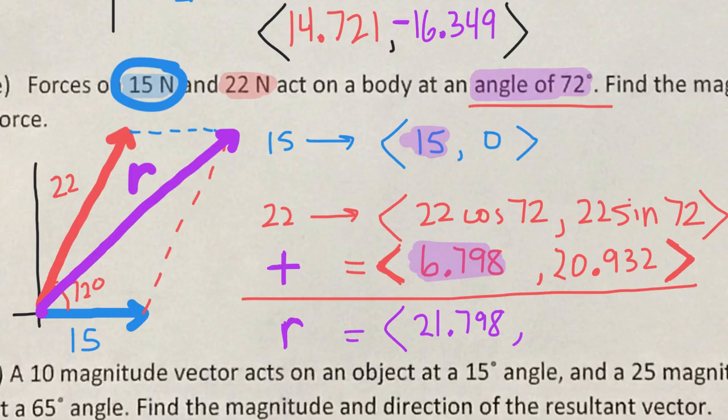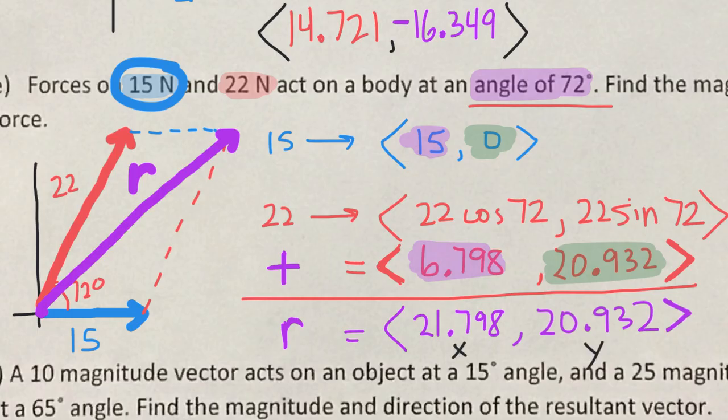And I do the same thing for my y stuff. So here I have a y of 0 plus 20.932. Well, I like adding to 0. That's okay. 20.932. So these are the components of my vector. This is my x component, and that's my y component.